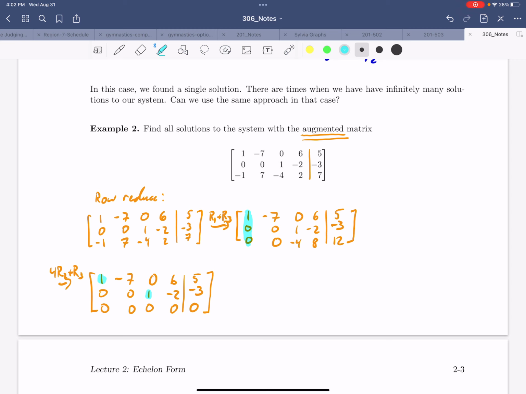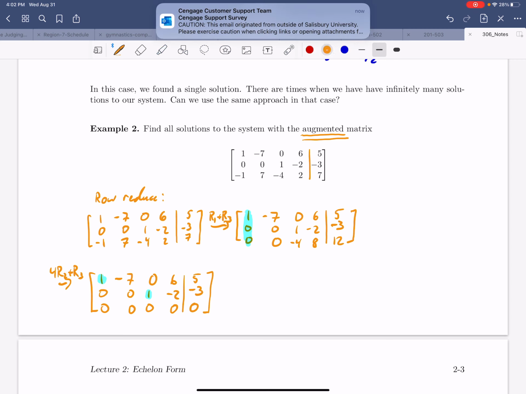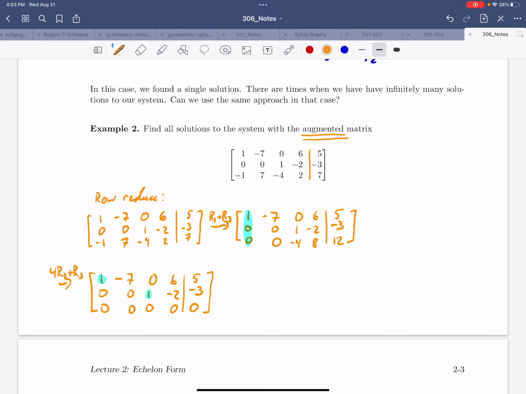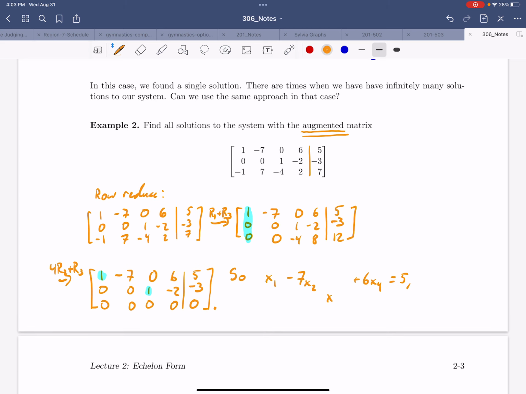So let's write this out in equation form and see what this looks like. Right, so we have x1 minus 7x2, skip a space here, plus 6x4 equals 5, and x3 minus 2x4 equals -3.